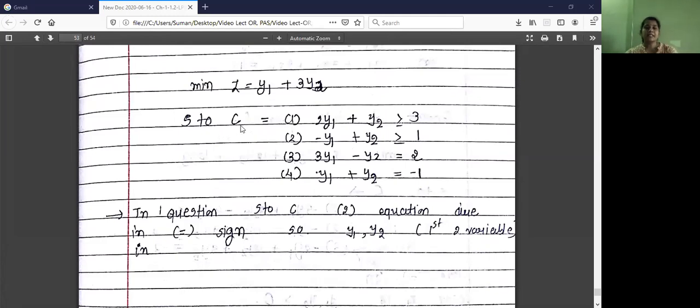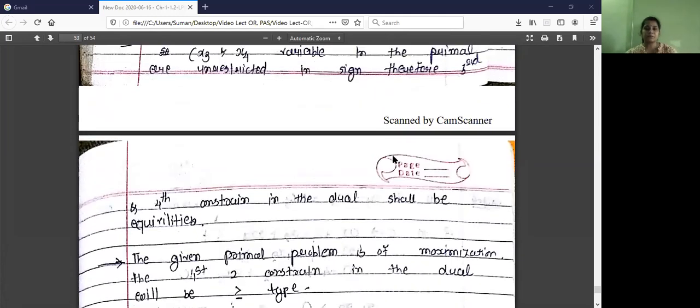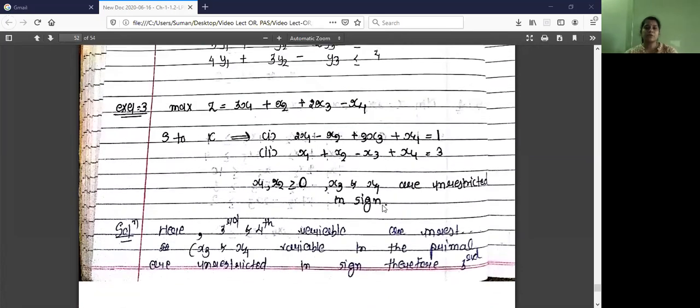And our subject to constraint equations are as follows. See, 2y1 plus y2. The question is in maximization form, so we write the dual in minimization form, and we use the greater than or equal to type.